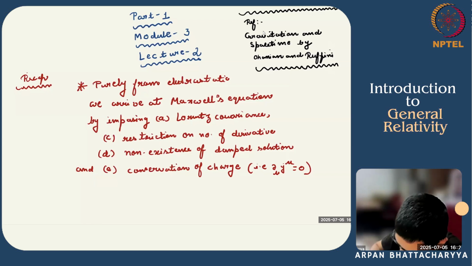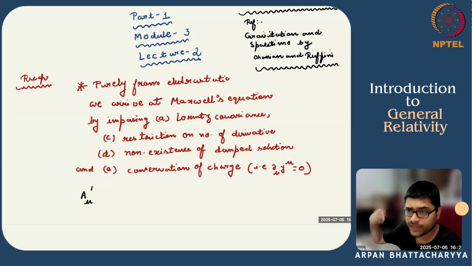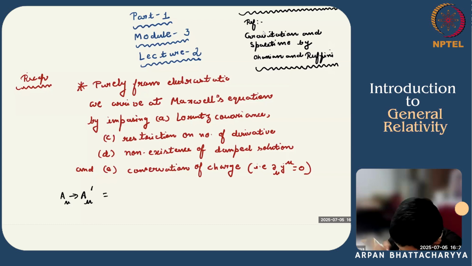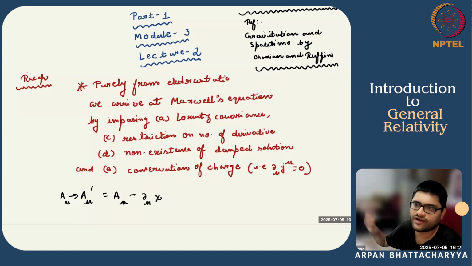And we have also seen that Maxwell's equations enjoy a gauge symmetry. That is, if you transform your gauge field from A mu to A prime mu, and the new gauge field A prime is related to the old one this way, where chi is an arbitrary function of space-time coordinates generating the gauge transformation, Maxwell's equations remain intact.